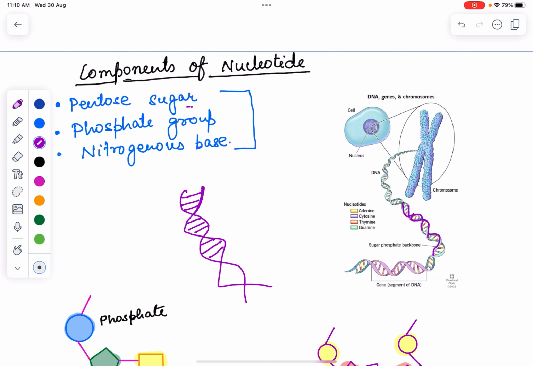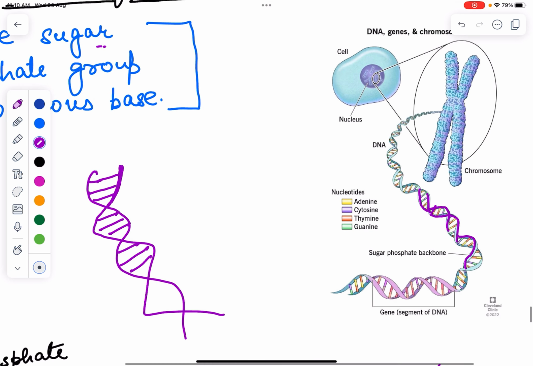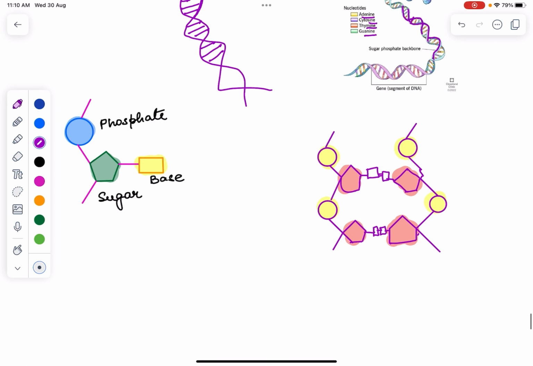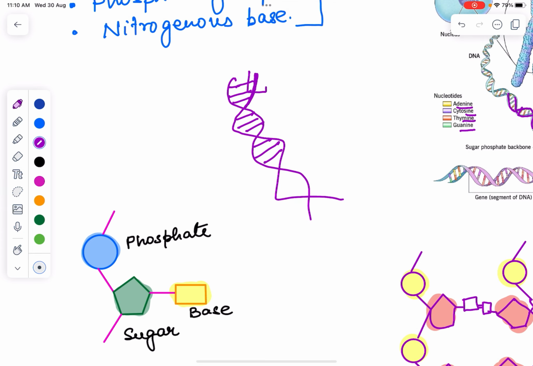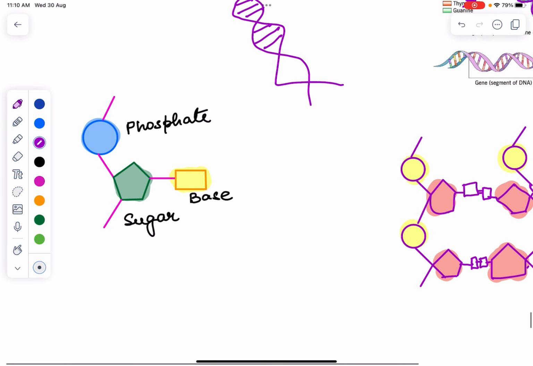This is made by nitrogenous base. That nitrogenous base is of four types, that is adenine, guanine, thymine and cytosine. See, this is the basic structure of DNA. The strand of the DNA, if we see this strand, how will it look?